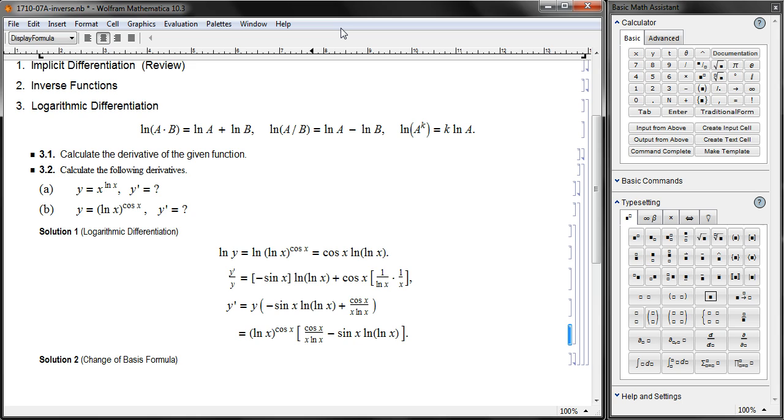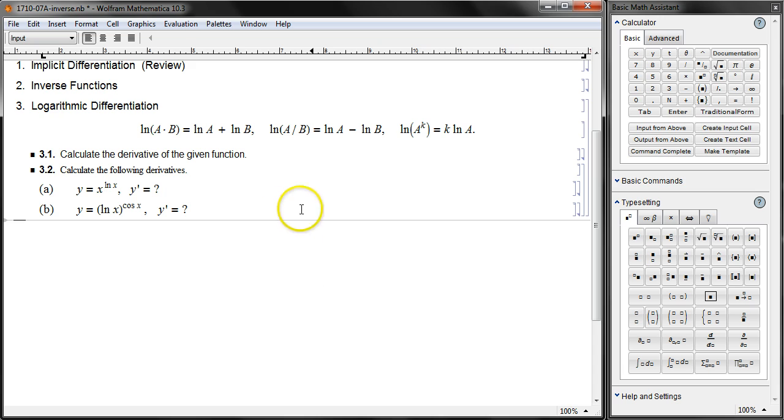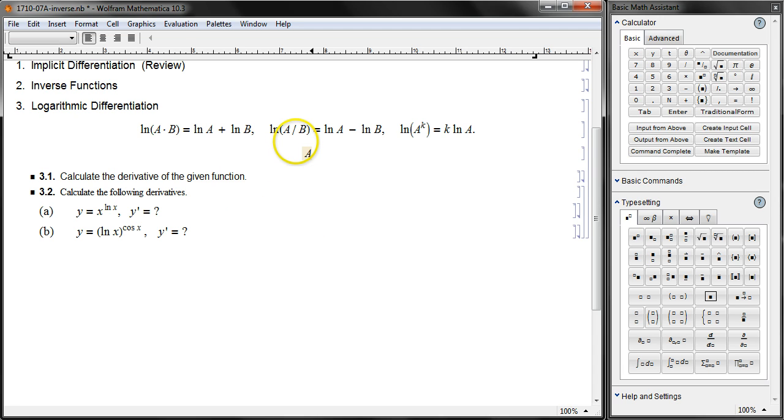Now, do you like this method? Personally, I don't. My favorite method is this way, using the change of base formula. A to the b power can be rewritten as natural exponential of b times log of a.